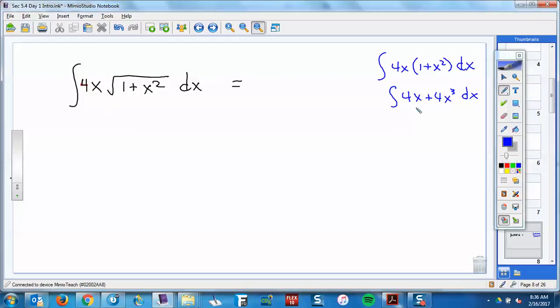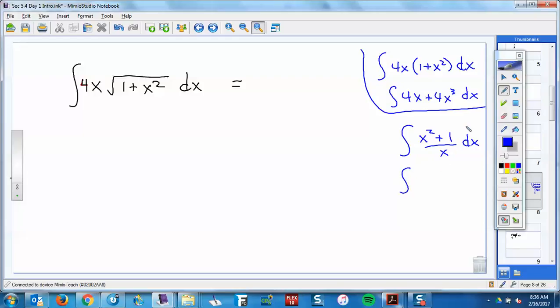Now, here's one we're going to talk about in a minute. I think it might be number 10 on your sheet. If I gave you this problem right here, what should you do? Split it up. You might be saying bring that up as a -1 and distribute, but I'd rather see you split it up.